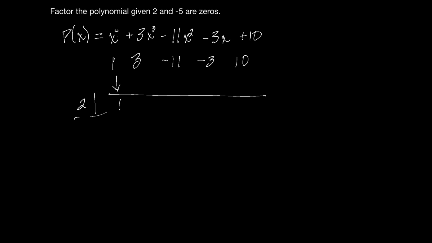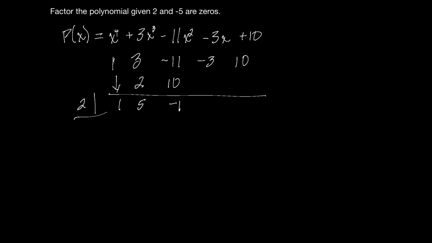So 2 times 1. So that's this 2 times this 1 gives us a 2. And then remember we add 3 and 2 and that gives us 5. And then multiply 2 times 5, put it here, that's a 10. Then add negative 11 and 10, that's a negative 1.